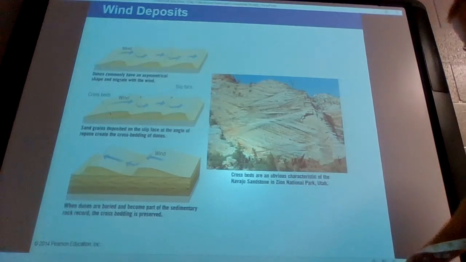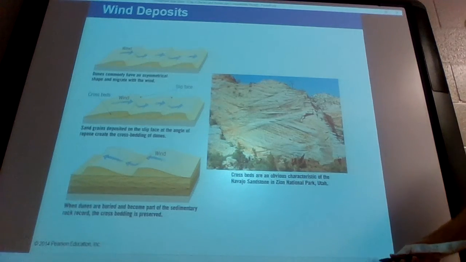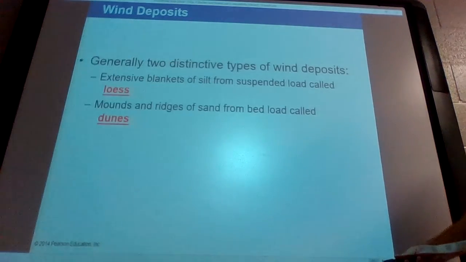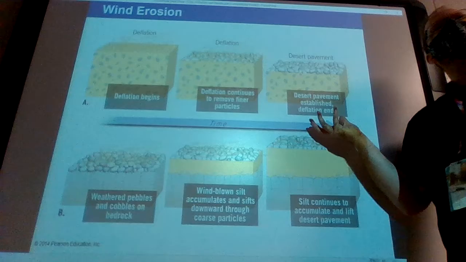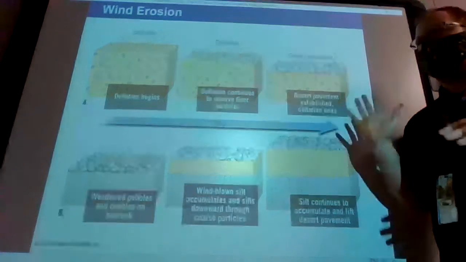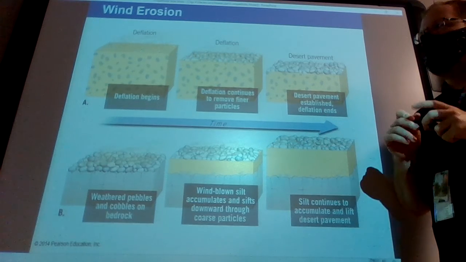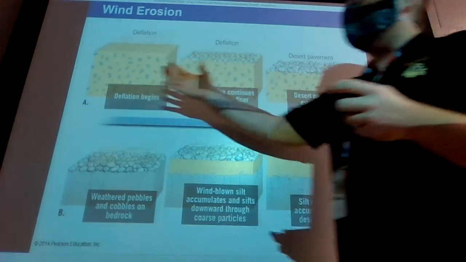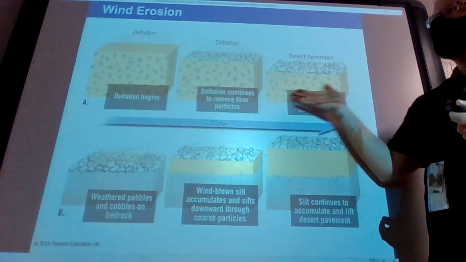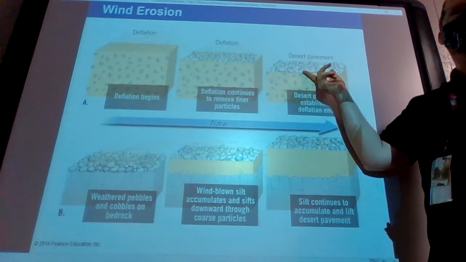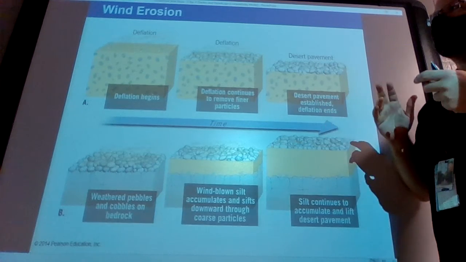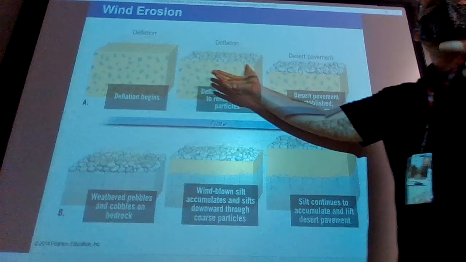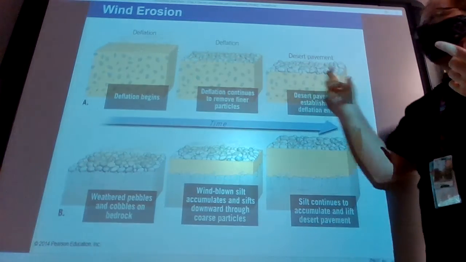Yes, we're back on the PowerPoint, and we left off here yesterday. I need to calibrate my board with this desert pavement image, and I think I got through most of it, but I just want to go through it again. Just the idea that as the sand blows away, your larger rocks, and they don't have to be huge, can be smaller size rocks, will be left behind because the wind's not going to blow anything that large away.